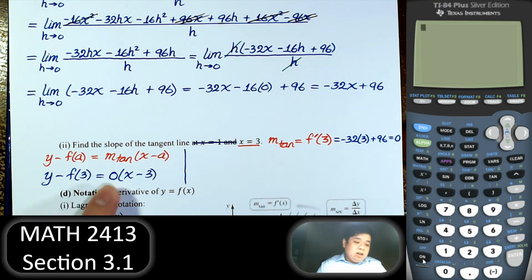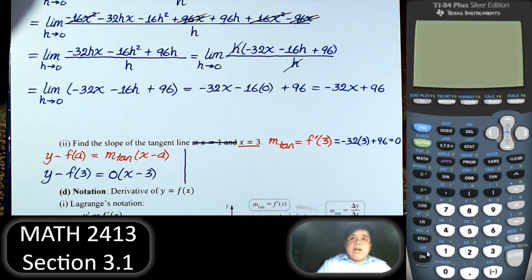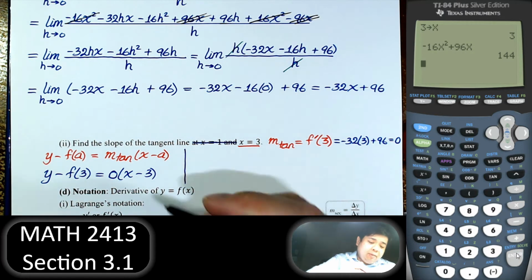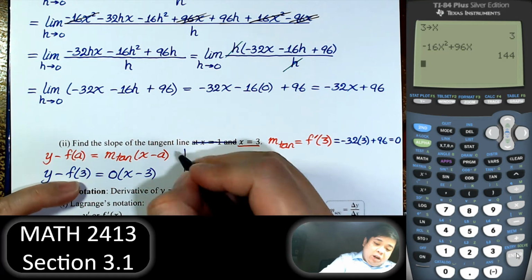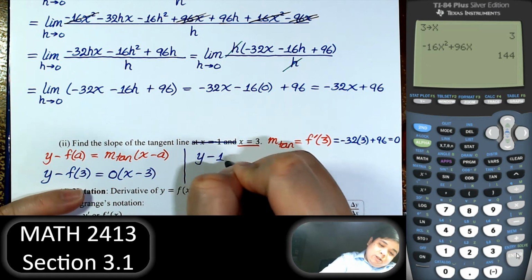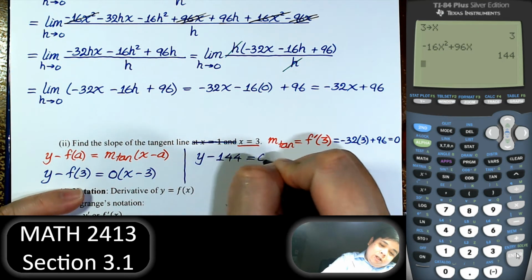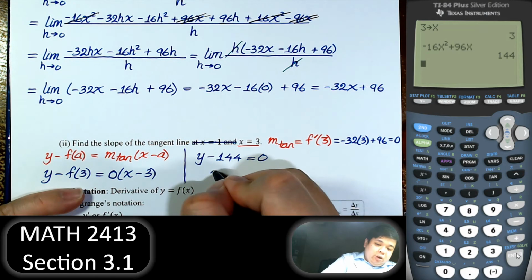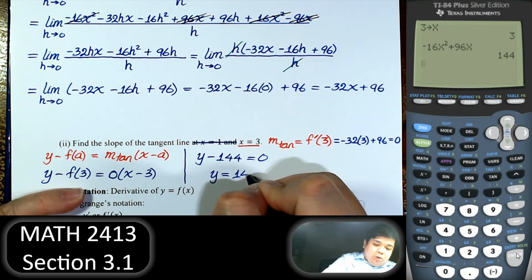For f of 3, I put 3 in for x in negative 16x squared plus 96x. So when x equals 3, the function is 144. Move 144 over, and we have y equal to 144.